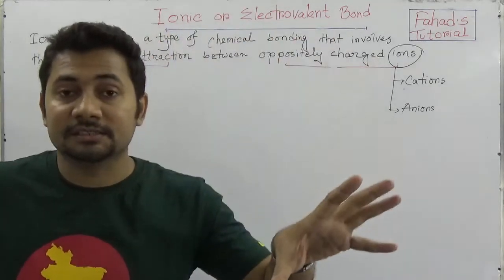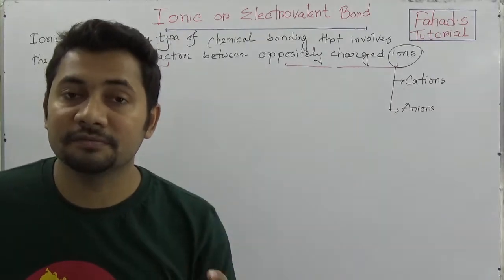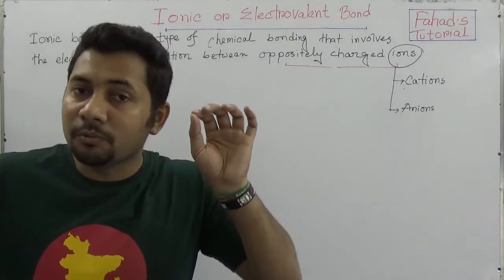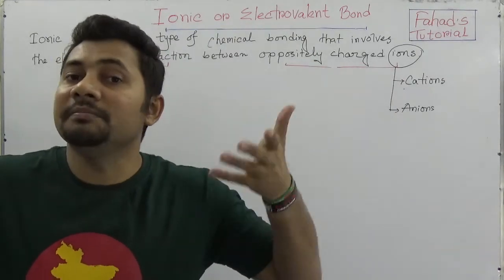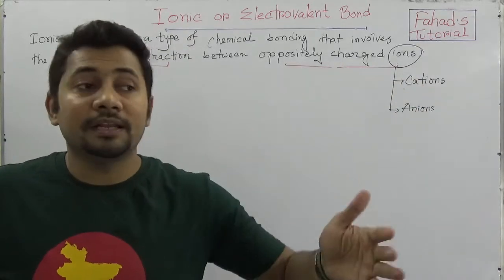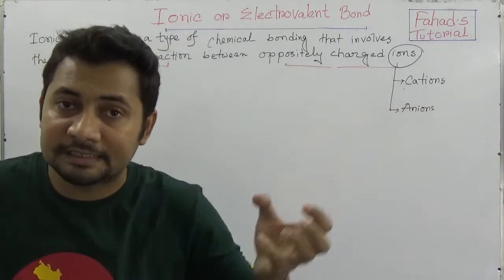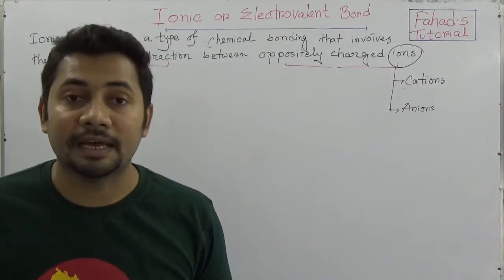In the outermost shell we have 1, so 2, 8, 1 is the electron configuration of sodium. When sodium donates 1 electron, it becomes a positive ion, which is a cation. And when another atom accepts 1 or more electrons, it becomes an anion.